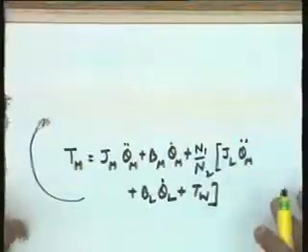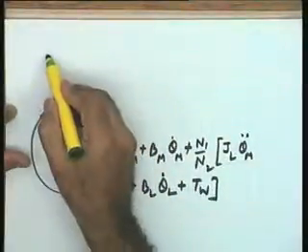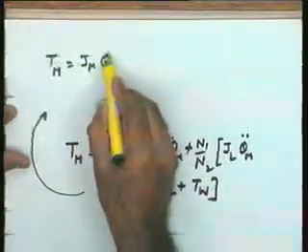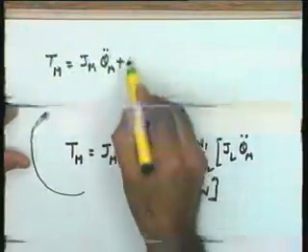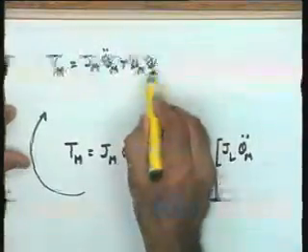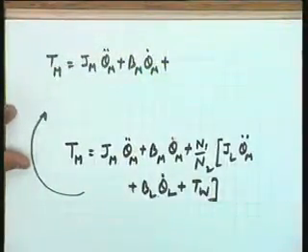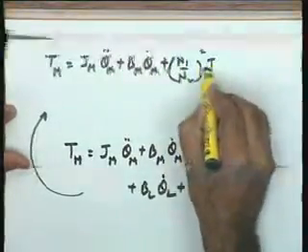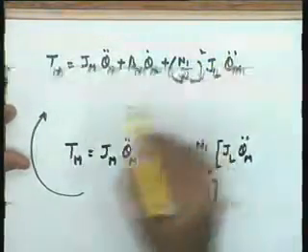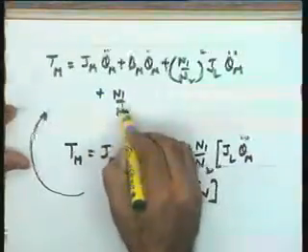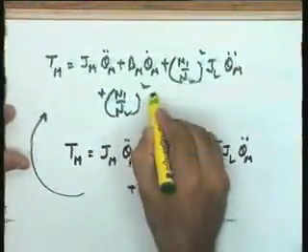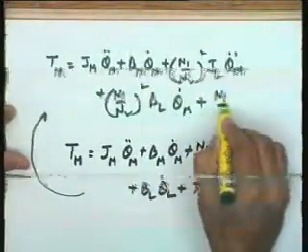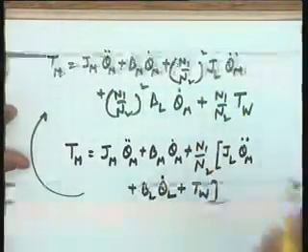Let me write it this way. I want to eliminate theta L and write the basic equation. This becomes Tm equal to Jm theta M double dot plus Bm theta M dot plus N1 by N2 squared JL theta M double dot plus N1 by N2 squared BL theta M dot plus N1 by N2 into TW.